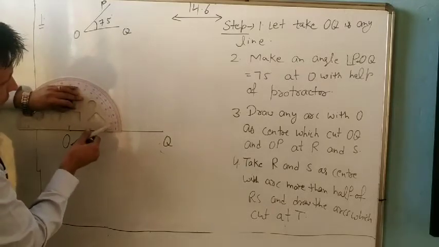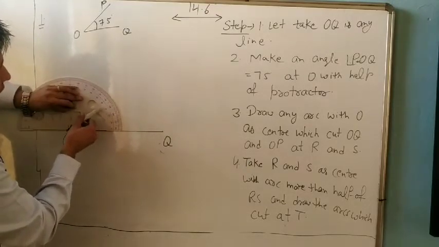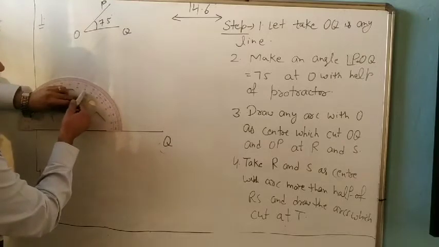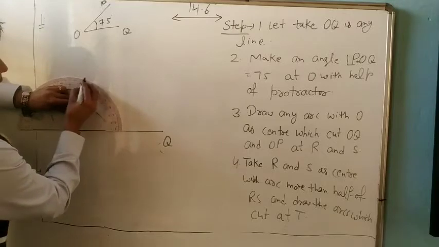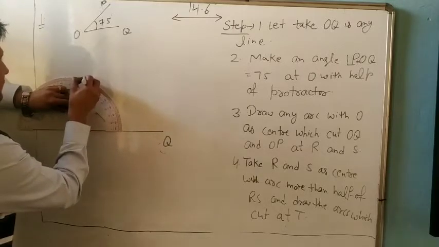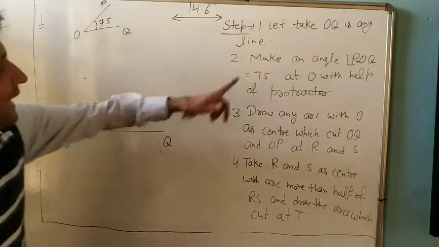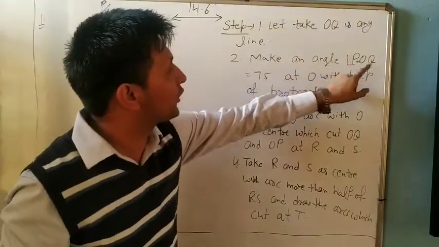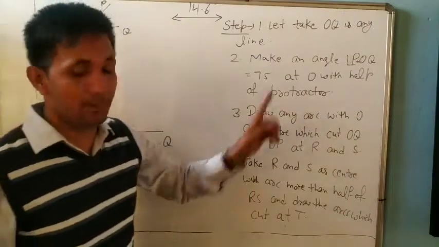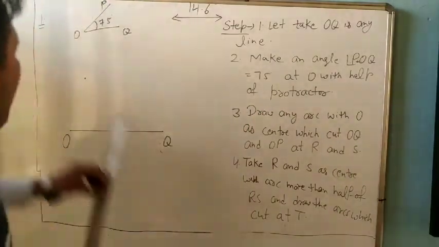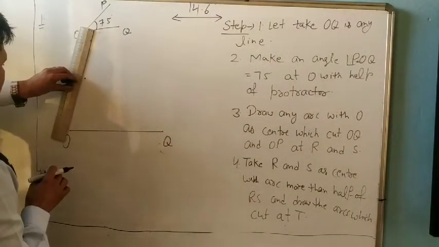It is 0, 10, 20, 30, 40, 50, 60, 70, 80. 75 is between 70 and 80. Understand? So make angle POQ of 75 degrees at O with the help of the protractor.